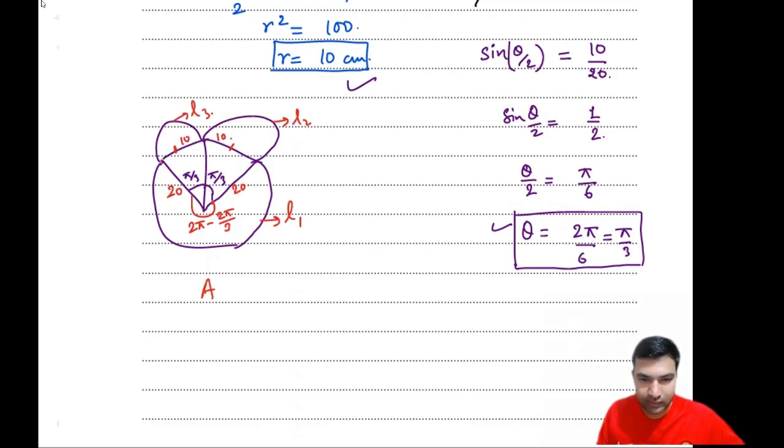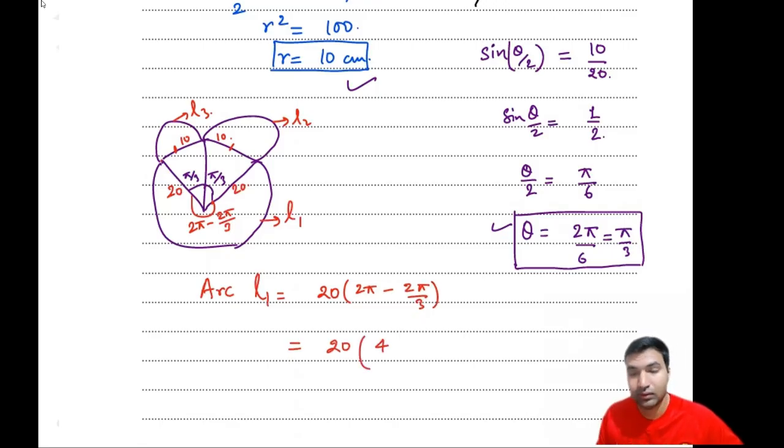So arc length L1 is equal to r theta. So r is 20 times 2 pi minus 2 pi over 3. This turns out to be 20 times, LCM is 6 pi minus 2 pi, which is 4 pi over 3. So that turns out to be 80 pi over 3.